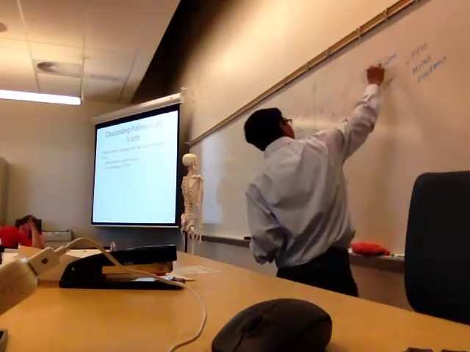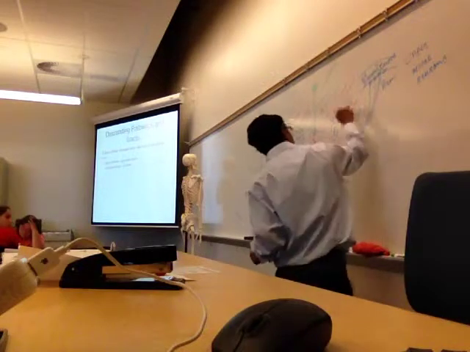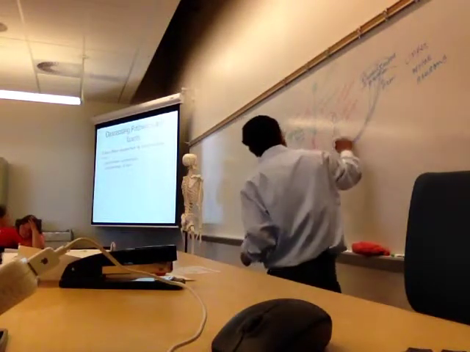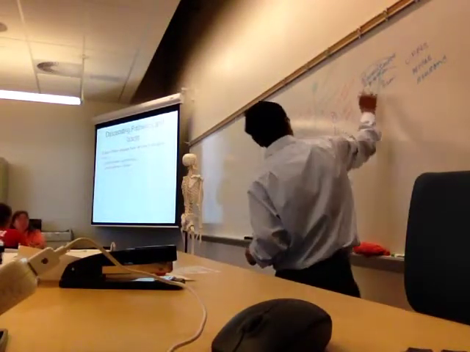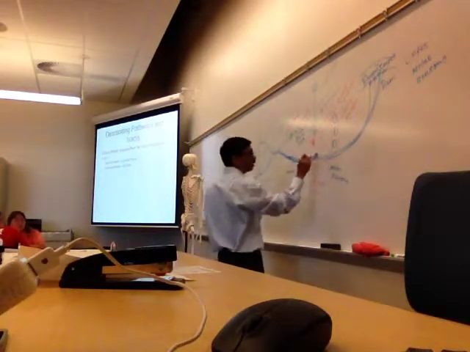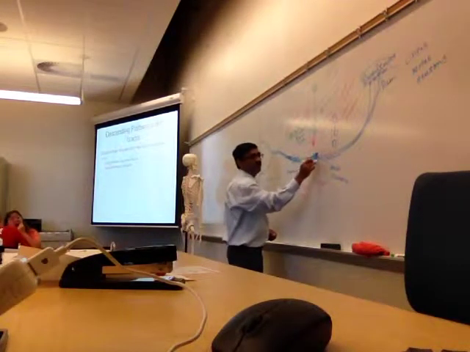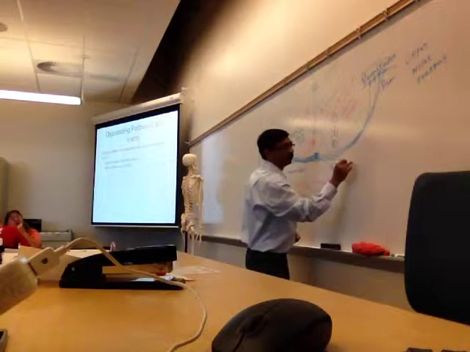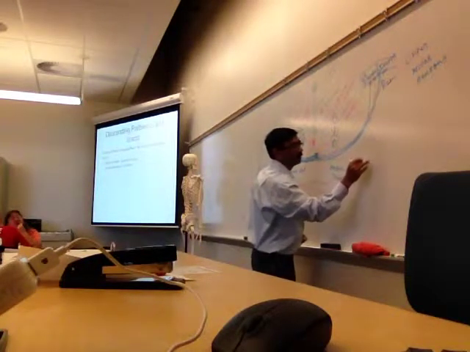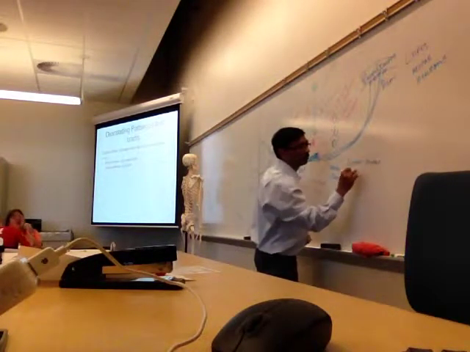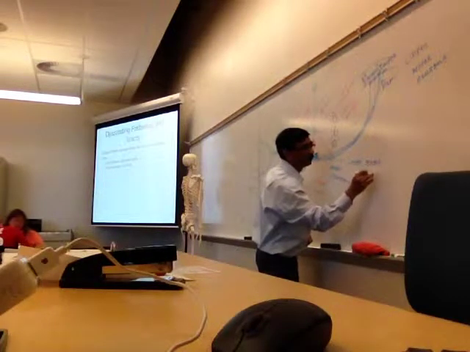So, from the upper motor neurons located in the motor cortex of the brain, the signal will go to the lower motor neurons. These are called lower motor neurons.